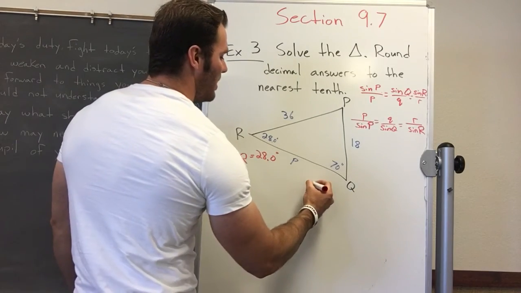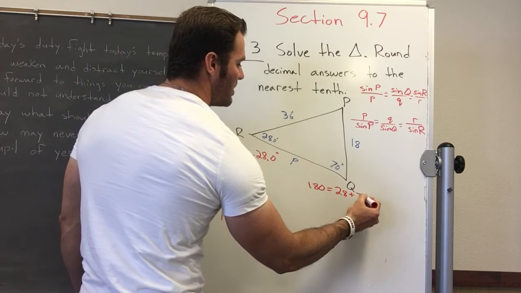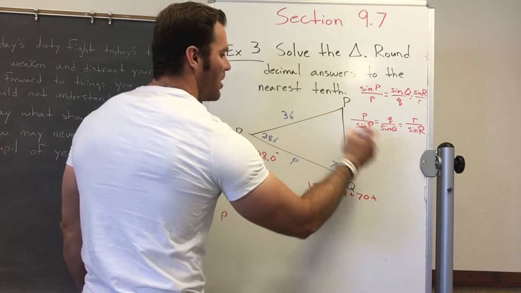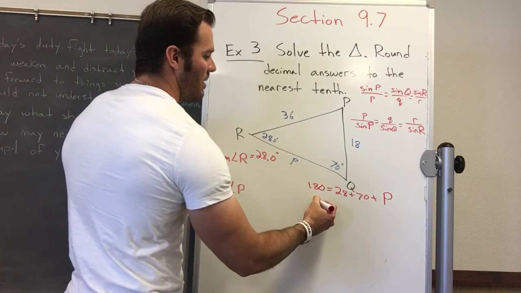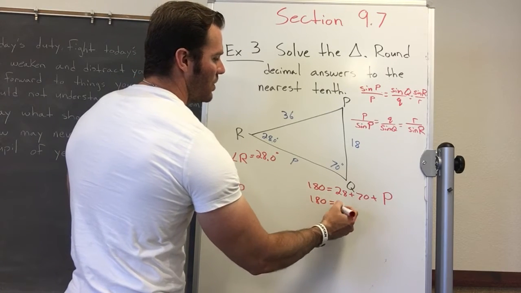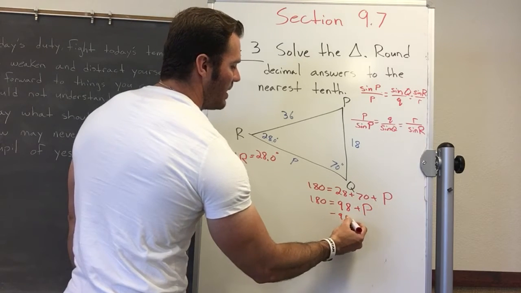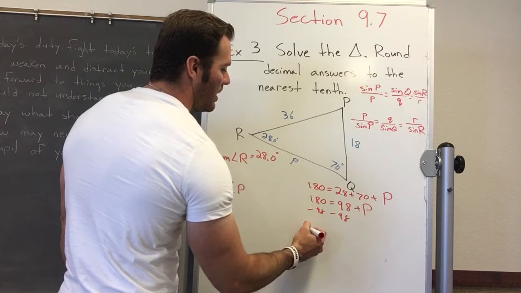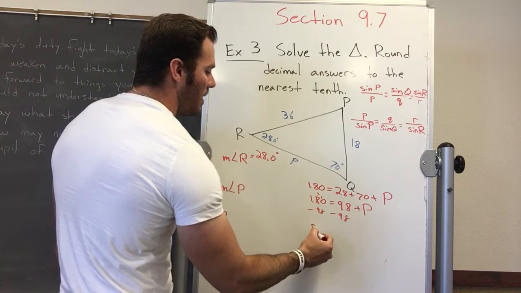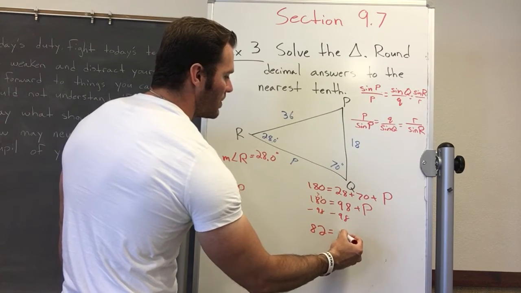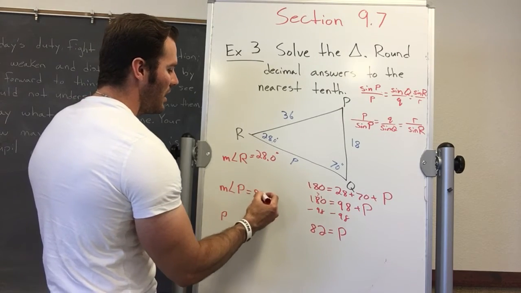So let's just set it 180 equals 28 plus 70 plus our unknown, the capital P. So 180 equals 98 plus P. Let's subtract 98 from both sides. And so we're going to get 82 equals P. So the measure of angle P equals 82 degrees.